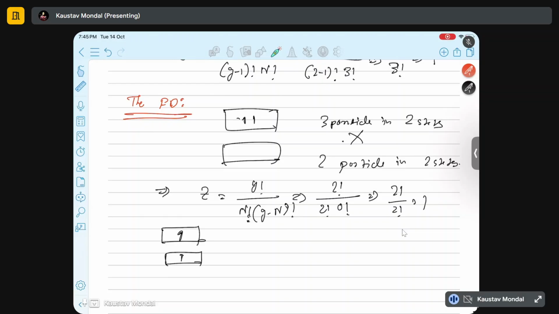So by that logic, it is not possible to occupy 3 particles in 2 states. It's only possible to have either 3 particles in 3 states or 2 particles in 2 states. Considering that, only one configuration is possible, and that is 2 particles in 2 states. This is the configuration.